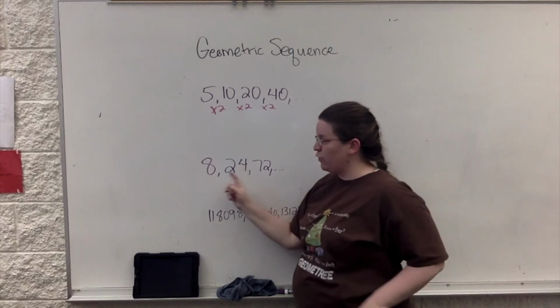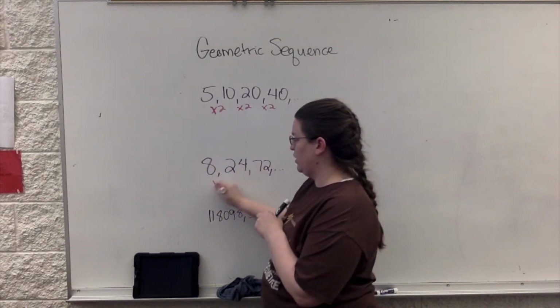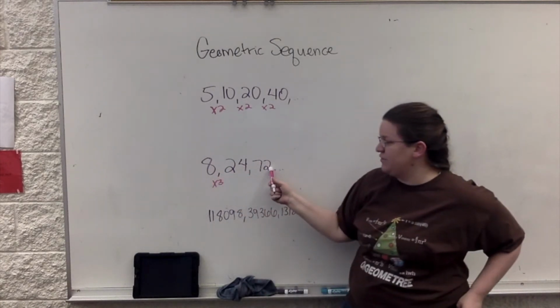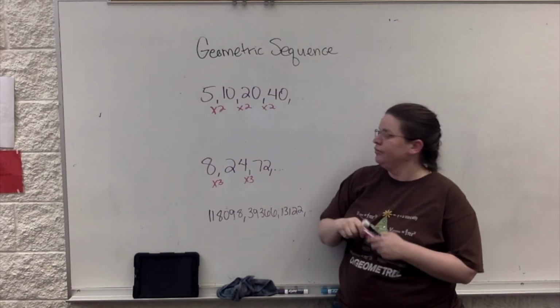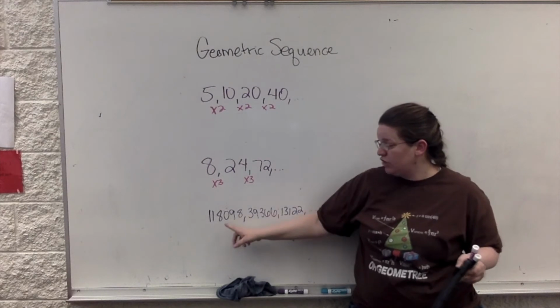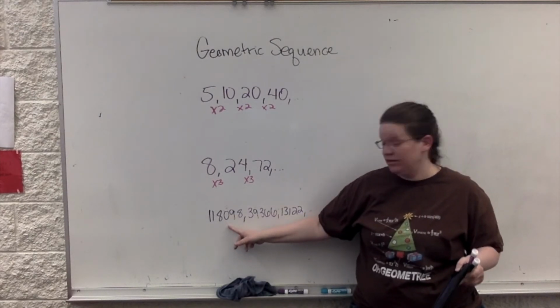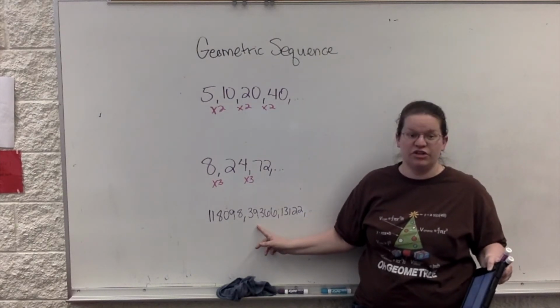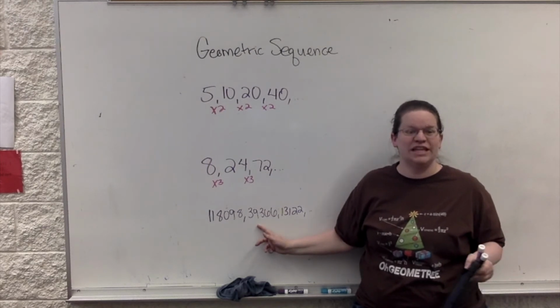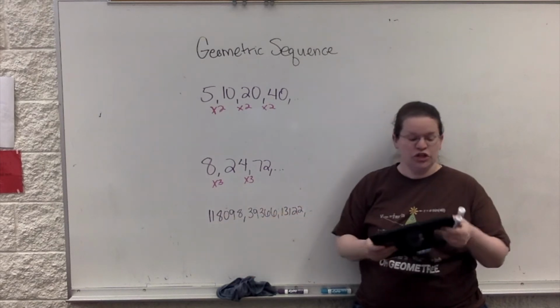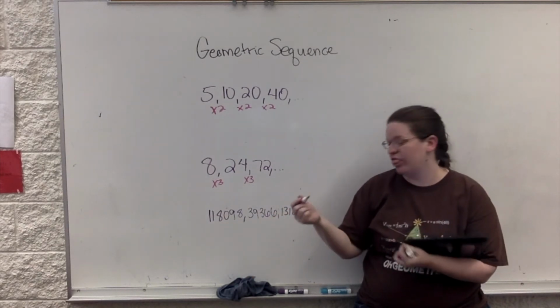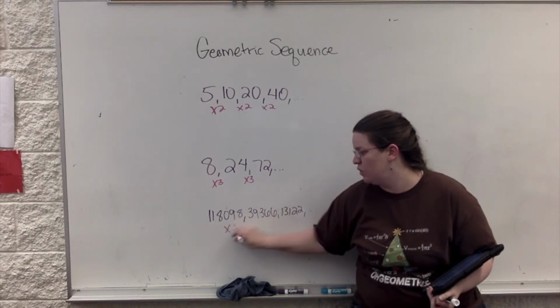Here, we're going to do 24 divided by 8, and that's going to be 3. And then we're going to do 72 divided by 24, and that's 3. So you take 118,098 divided by 39,366, and you're going to get 3. The tricky part is the bigger number is first, so the common ratio is really 1/3. So you're going to take it times 1/3.